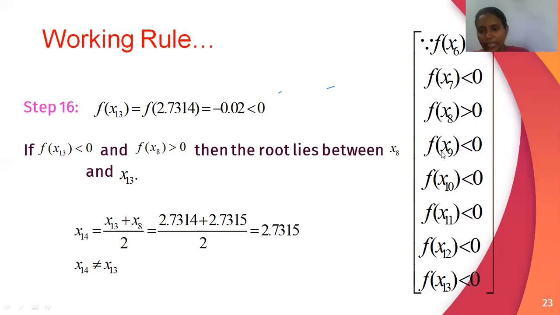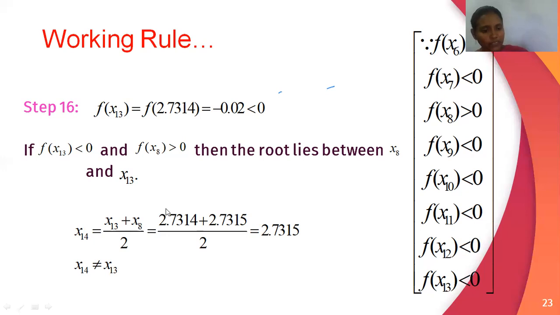Up to x9 they have the same sign, so the root does not lie between x13 and x9. Since f of x8 is positive, the root lies between x8 and x13.